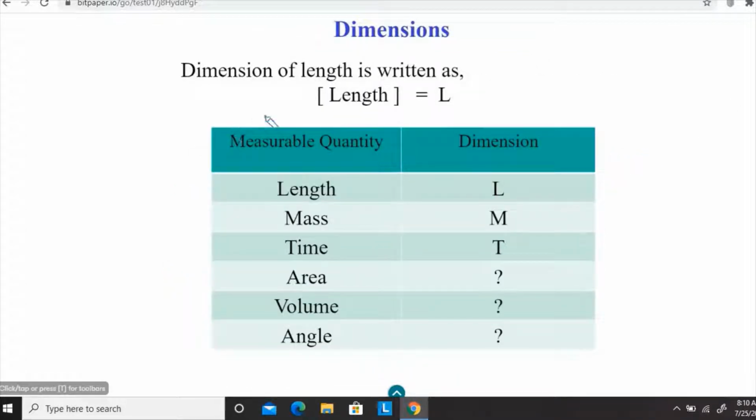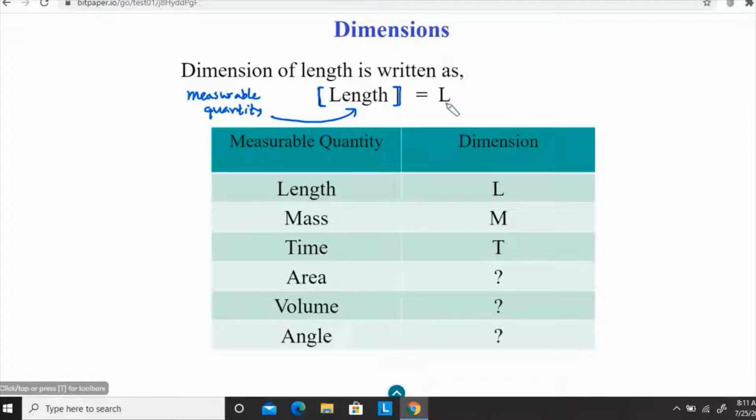Now here, it shows how we represent dimensions of a measurable quantity. You have square brackets as shown here, and within the square brackets, you put the measurable quantity. On the left hand side, you have a symbol that represents the dimension.